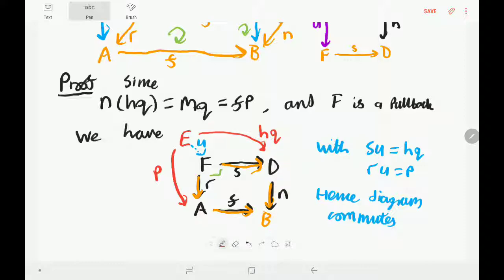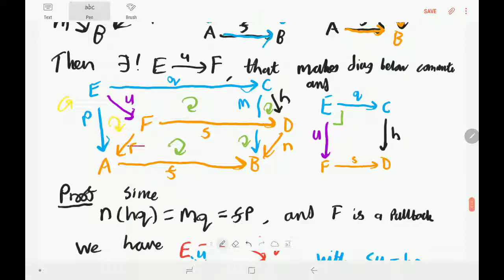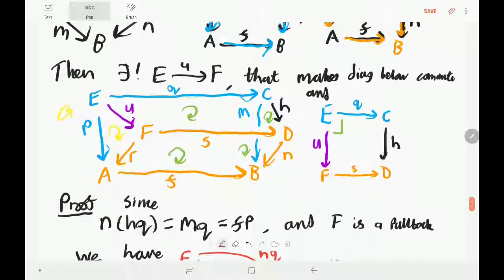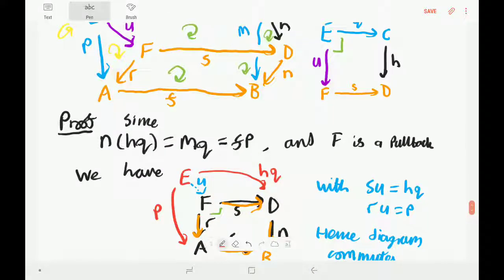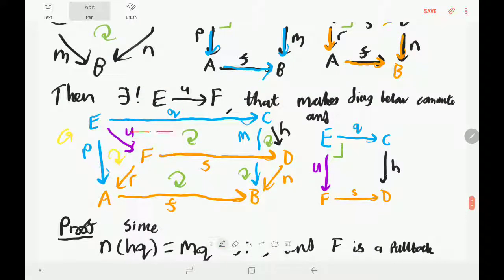So that means there has to exist this unique U, which is going to be such that SU equals HQ and RU equals P. Well, RU equals P makes this right-hand triangle commute. SU equals HQ makes this upper wall of our triangular prism commute.